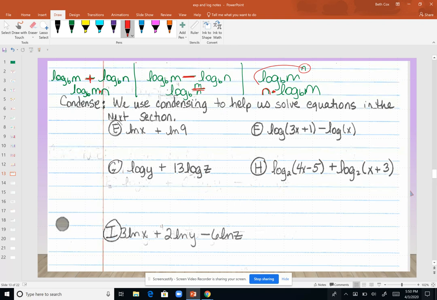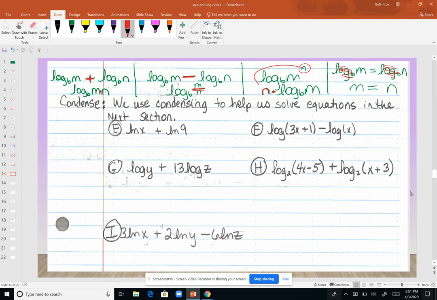So those are the three basic properties that we're going to be using right now. There was a fourth property we discussed that we can talk about later, but we'll just mention it again: log base b of m equals log base b of n means that m equals n, that we get to drop the logs in this situation and just have m equal n. We'll talk more about that one later.